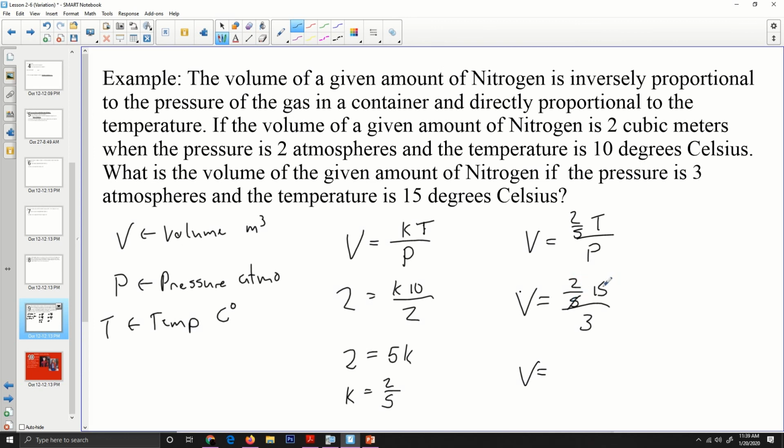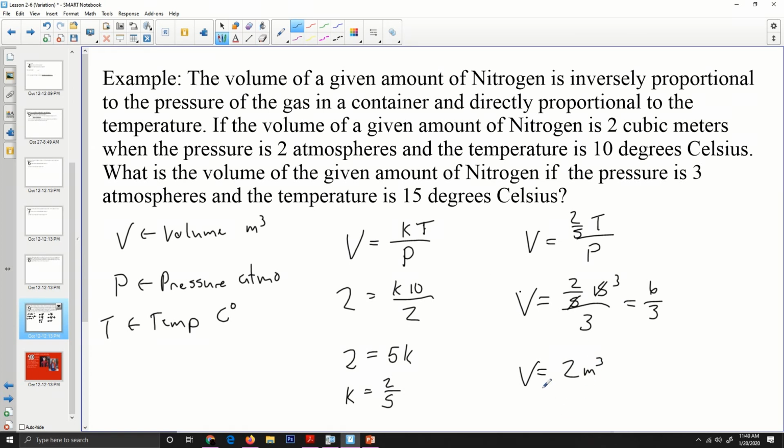Well, I can cancel out a 5 there and give me a 3. And then 2 times 3 will be 6. I'll get 6 over 3. 6 over 3 is also 2. And so we'll call this 2 meters cubed.